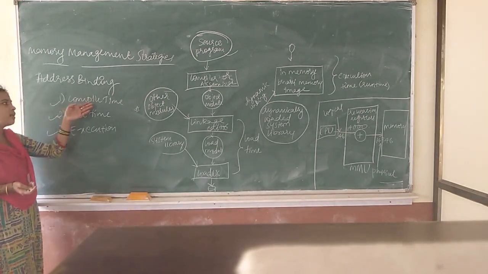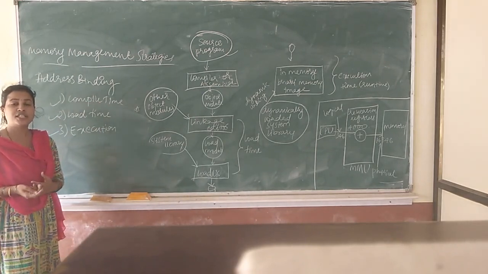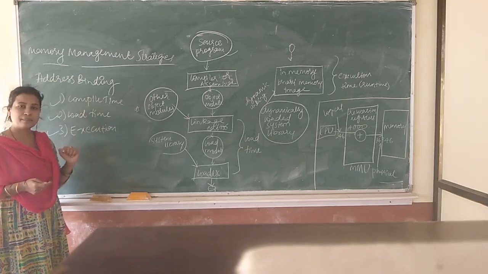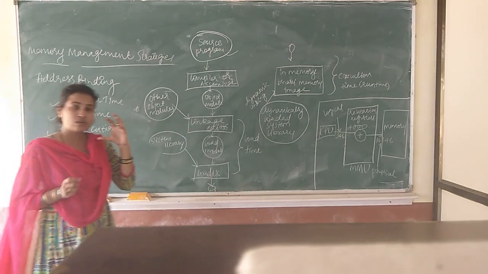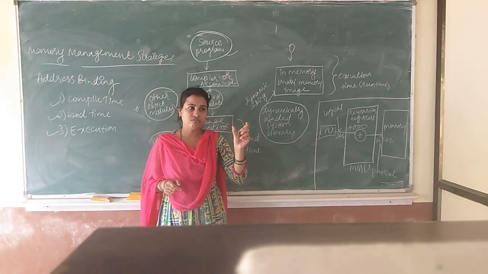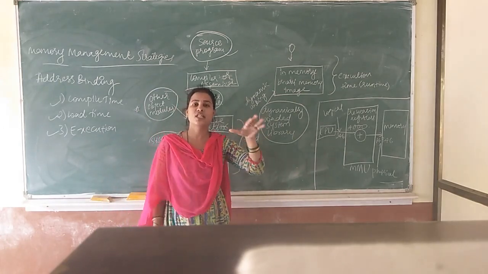First, compile time: you transform the symbolic notations directly into absolute addresses at compile time only when you are sure that the particular process is going to begin at location R.